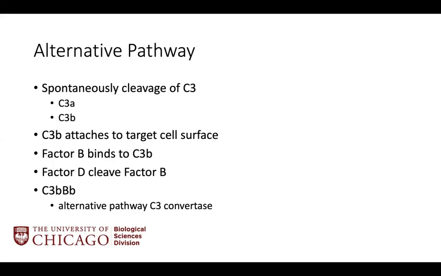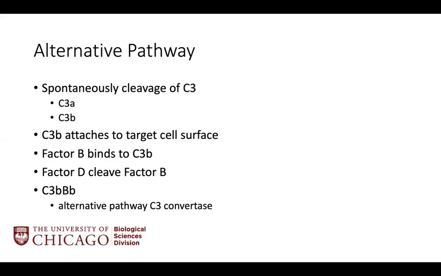So once you get that spontaneous cleavage, if there happens to be a target cell around, in other words, a microbe, then that C3b will attach to its cell surface. If it does not, in less than a second, that C3b is inactivated. But if there happens to be a microbial target there, it will attach.